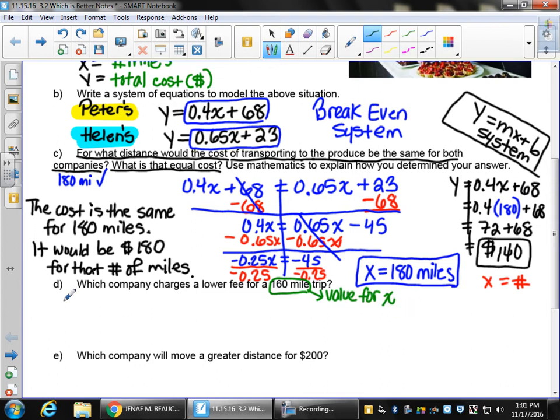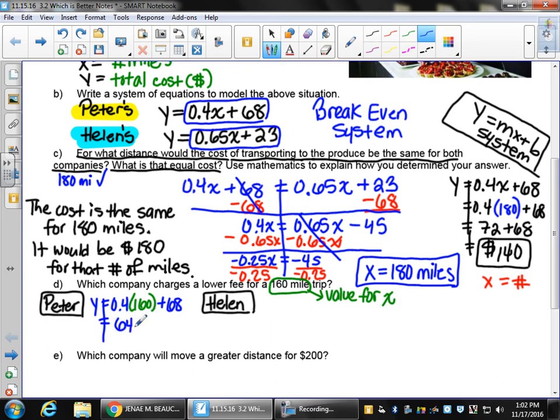So one at a time, we will plug into our equations to figure that out. We're going to do math for Peter's company, and we are going to do math for Helen's company. Peter, we have an equation, y equals 0.4x plus 68. Let's use it. So this will be y equals 0.4 times 160 plus 68. 0.4 times 160, I get 64.